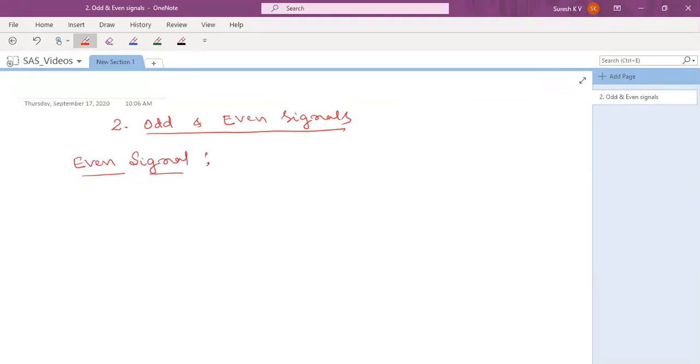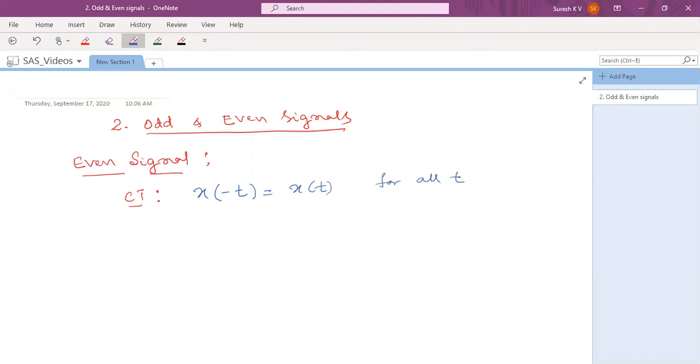Now, the definition of an even signal is as follows. For a continuous time case, a signal is said to be even if it satisfies the condition x of minus t is equal to x of t for all values of t.